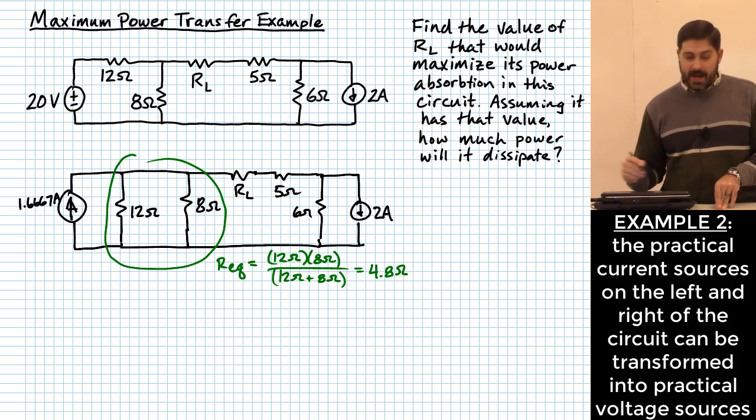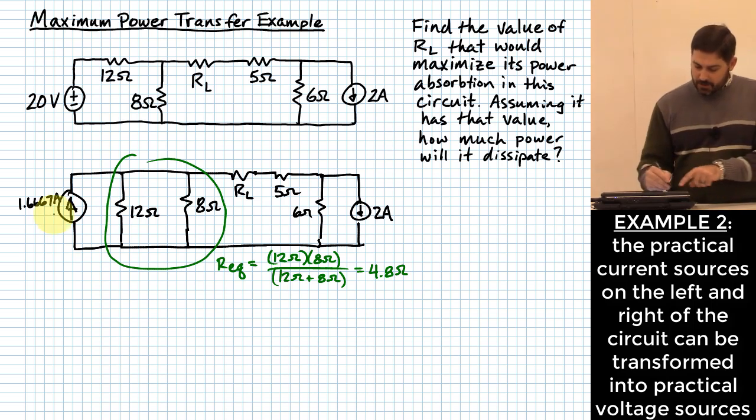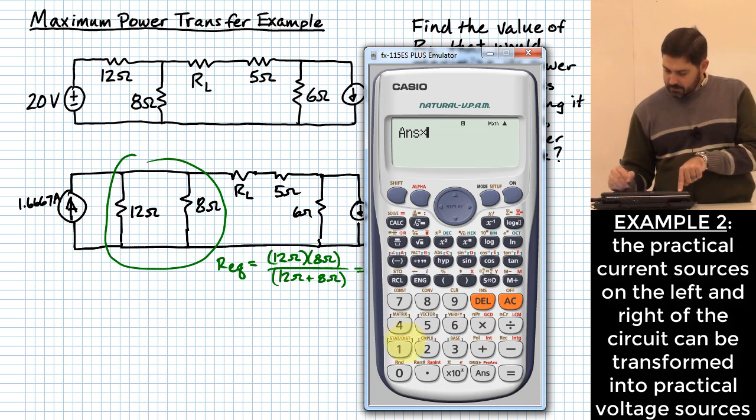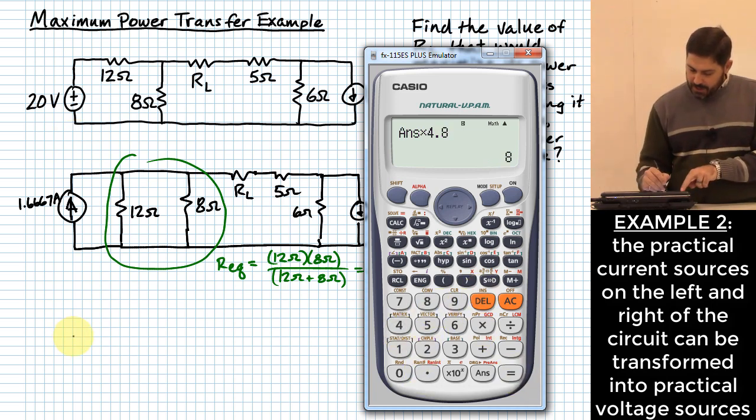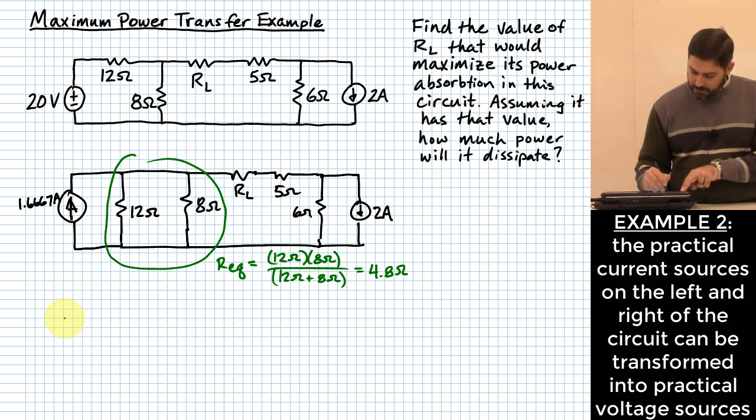How about you convert back, right? Because I have this current source now in parallel with this resistor of 4.8 ohms, that means I can take that resistance times the current, and that tells me that this is going to be an 8 volt source over here, now in series with a 4.8 ohm resistance.